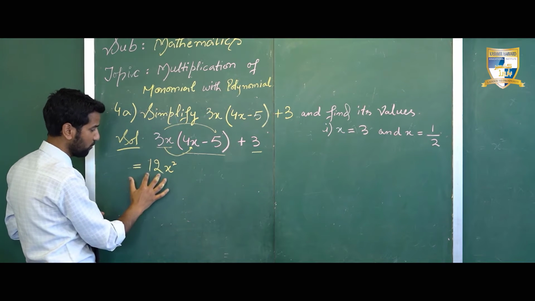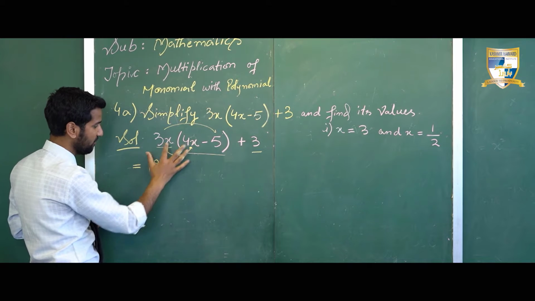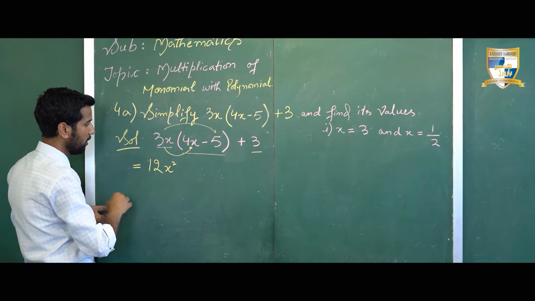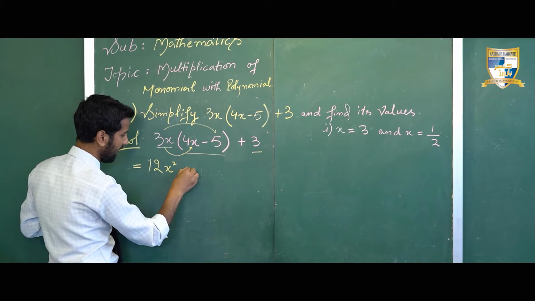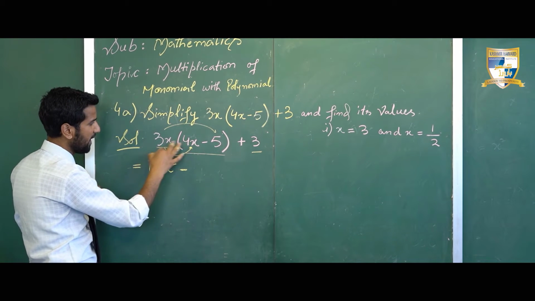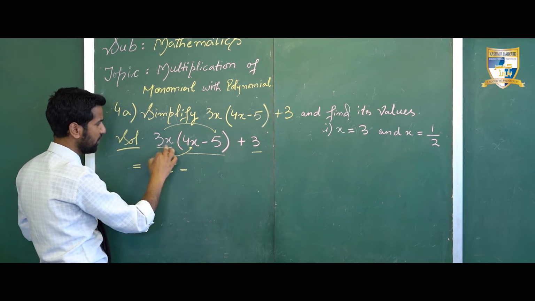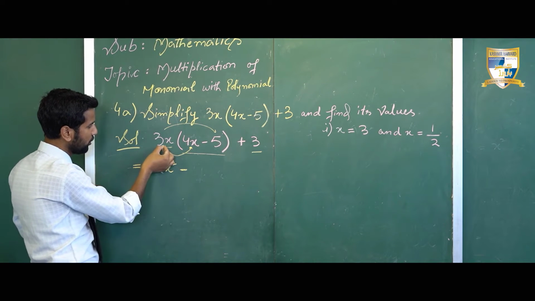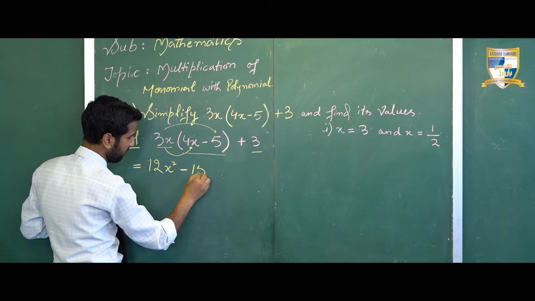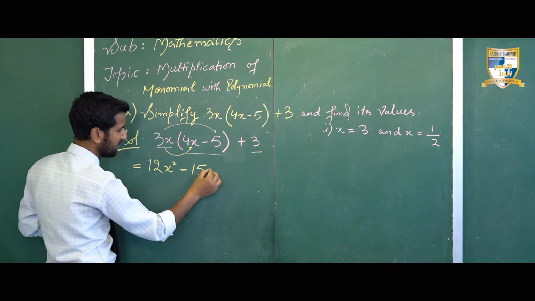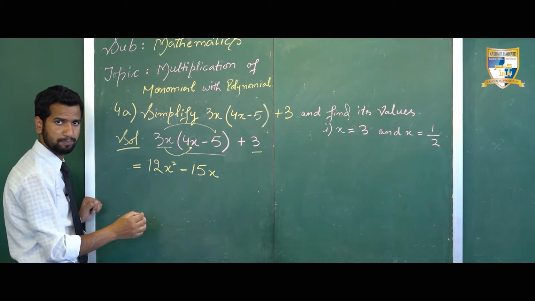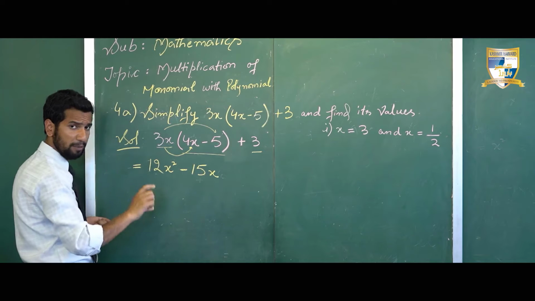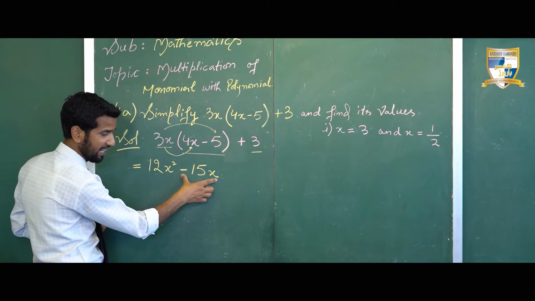After that it's minus here. 3x into 5: obviously 3x into minus 5 will yield a negative. 3 into 5 will become 15 and we have x here, so 3x into minus 5 will be equal to minus 15x.